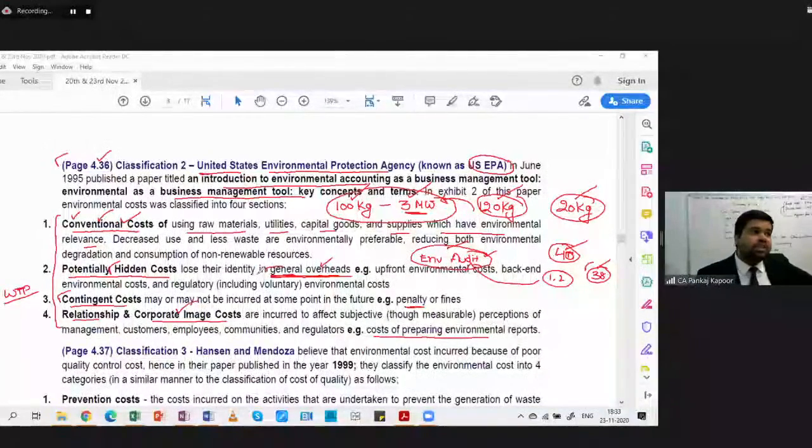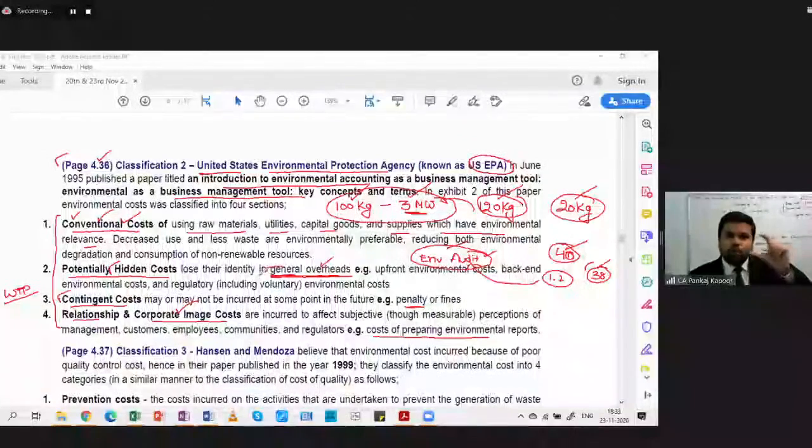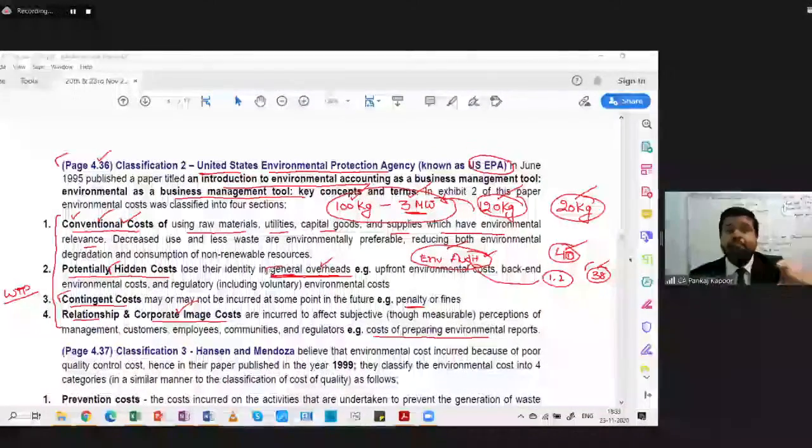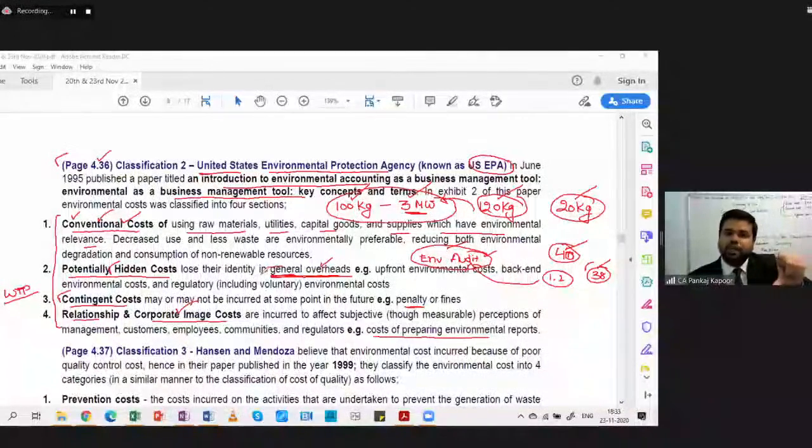But the depreciation contains some portion specifically on account of environment pollution equipment. Agreed? You need to identify how much portion of the total depreciation which you are charging for a particular year is specifically related to the environment cost. So this can be another example of the potentially hidden cost.